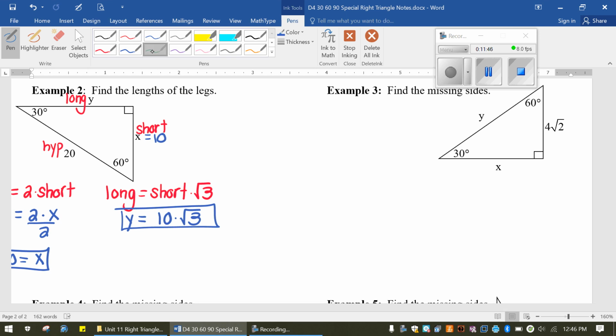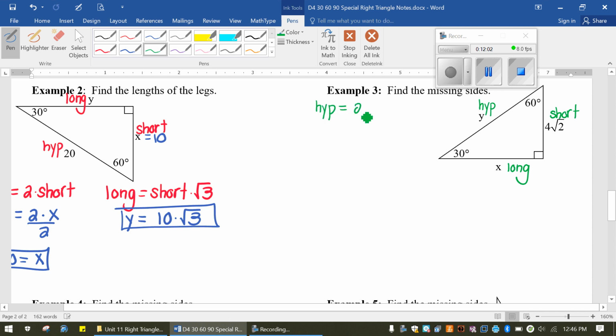Number 3, opposite the 30 degrees is my short leg. Opposite 60 is my long leg. And then opposite 90 is my hypotenuse. So I'm going to put my formulas here again. 2 times short, and then long is short times square root of 3.